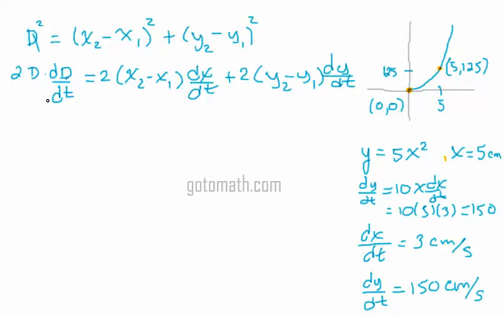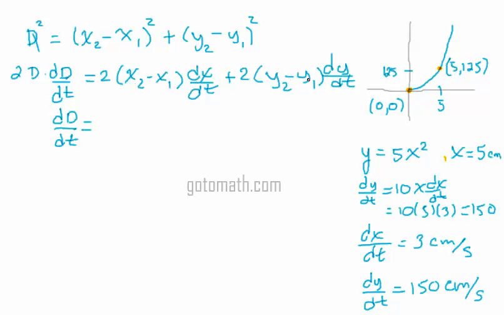So what we're going to do now is fill this stuff out. I'm going to write d over dt here, and we're going to take this d and bring it down.